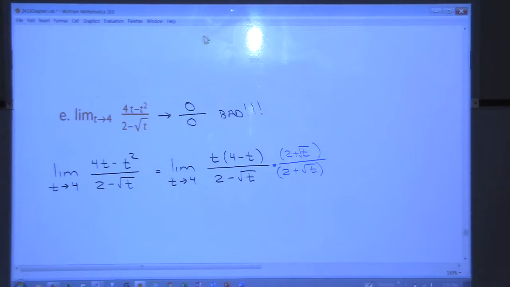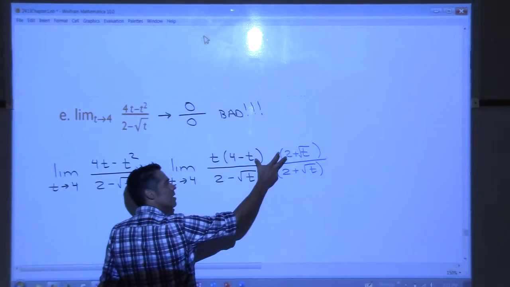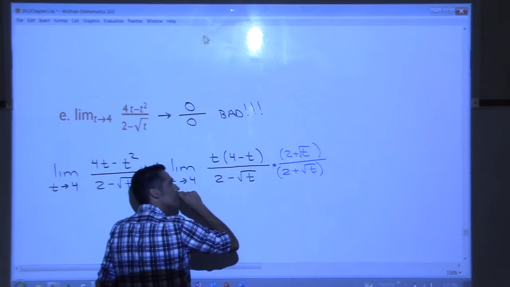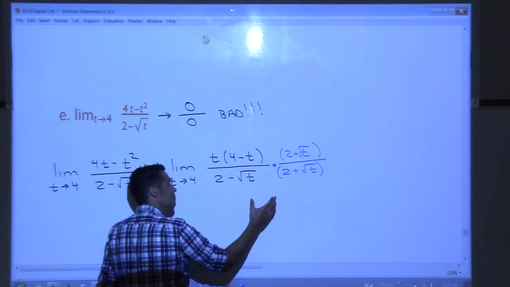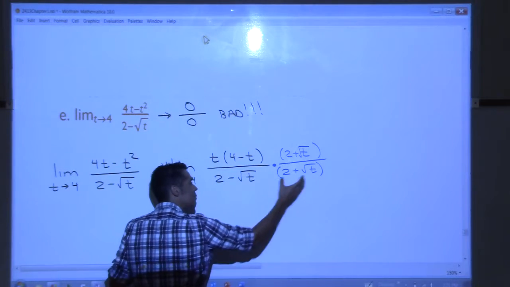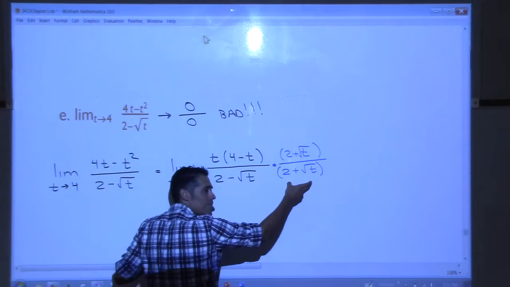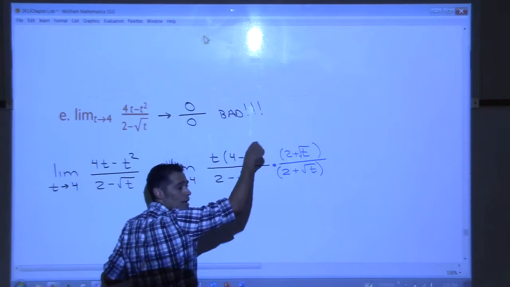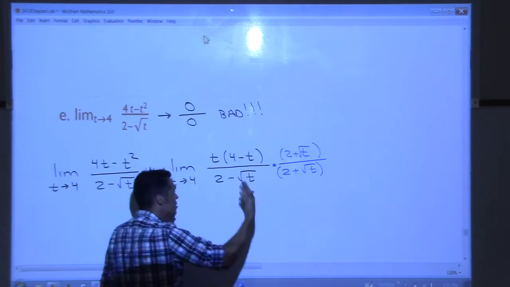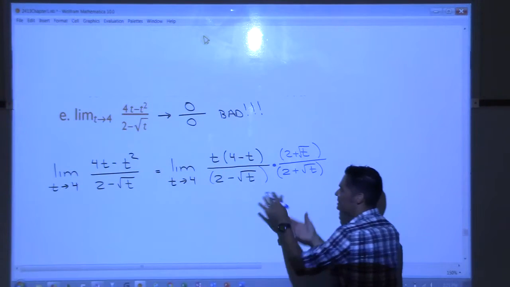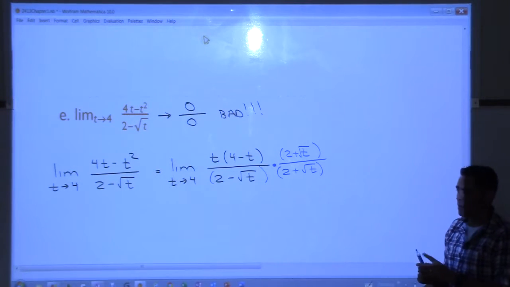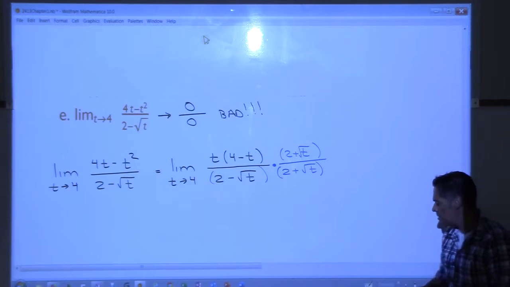Man, I really don't feel like multiplying that top out. Let me tell you why. The whole reason the conjugate's here is because this times this becomes nice, right? In the previous problem, it was in the numerator, but now it's in the denominator. So let's leave the numerator completely alone and just figure out what the denominator becomes.